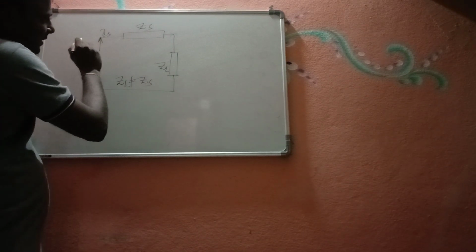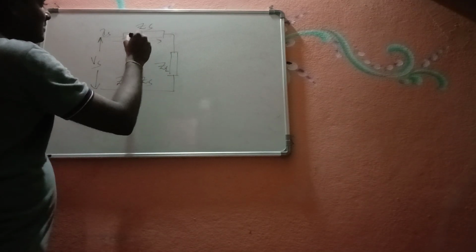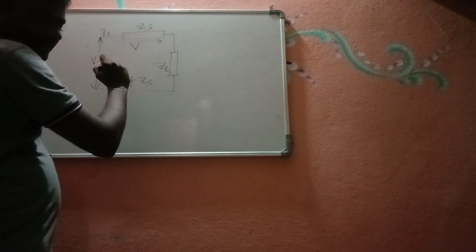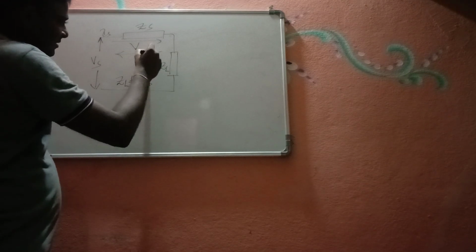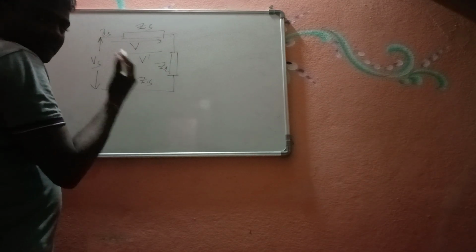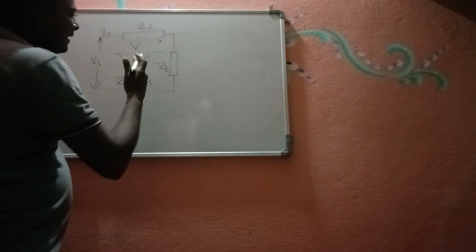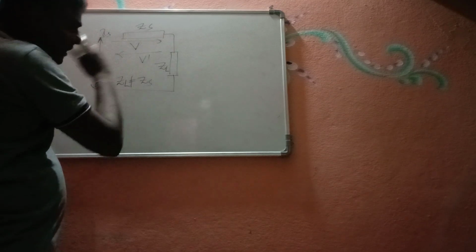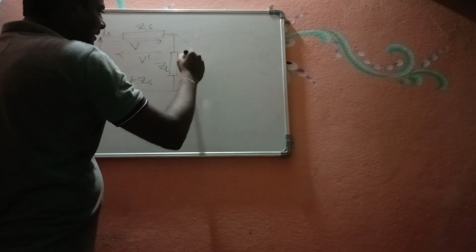As I am transmitting the voltage from this side to this side, this voltage is called the incident voltage. I am assuming this as V. Some voltage will get reflected back, as we have seen earlier. That voltage is V dash. So V, the incident voltage, moves from sending end to receiving end, whereas V dash, the reflected voltage, moves from receiving end to sending end. And you will have some voltage which appears across the load.